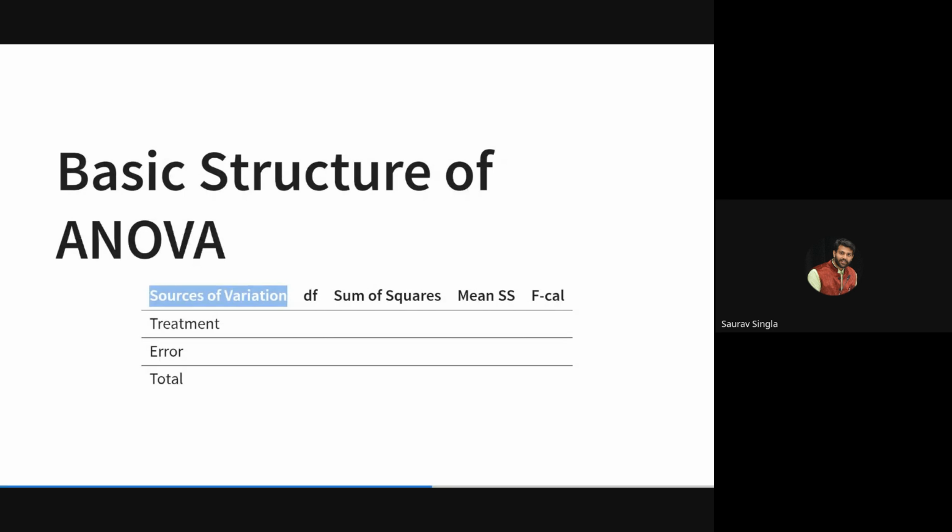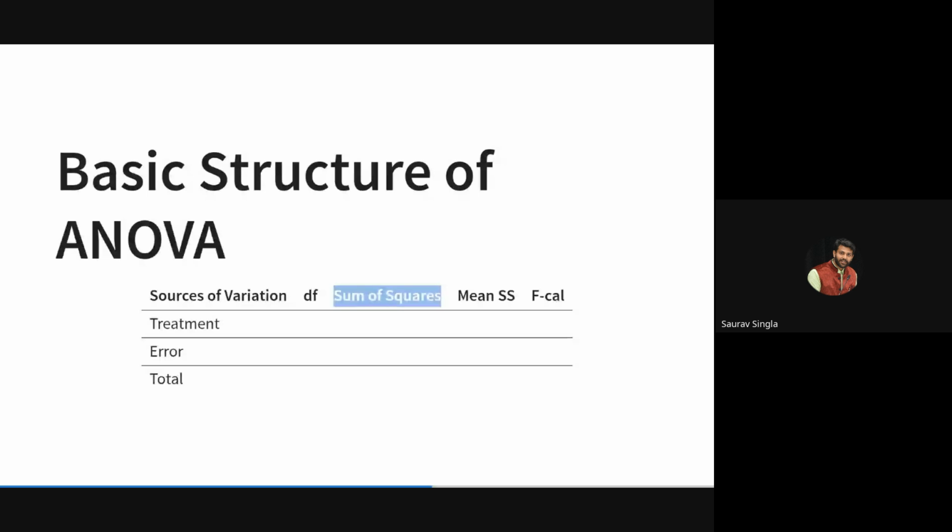The second column is DF. DF is nothing but your degrees of freedom. Then there is sum of squares. I have not put the formulas for these things because otherwise that will become more of a theory class.